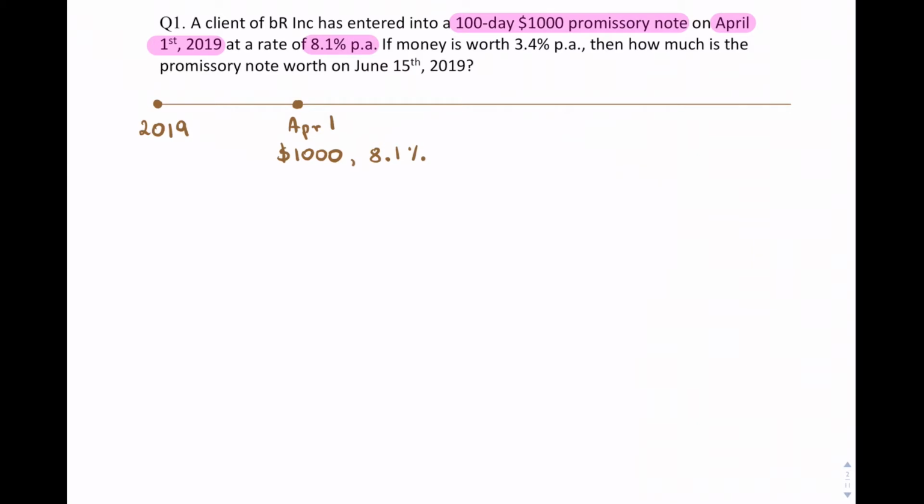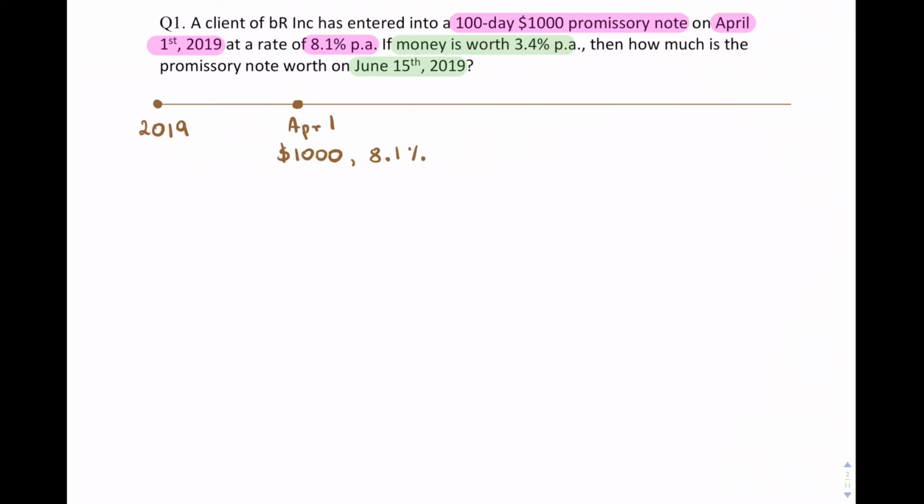Okay, so next. If money is worth 3.4% per annum, then how much is the promissory note worth on June 15th? Well, sometimes you might get tempted to go from April 1st to June 15th.